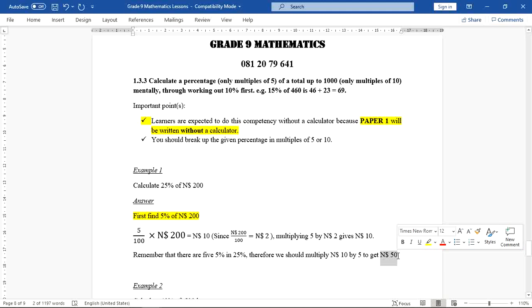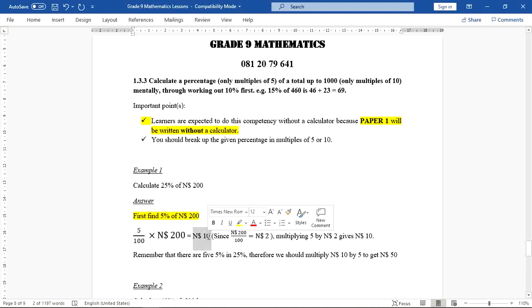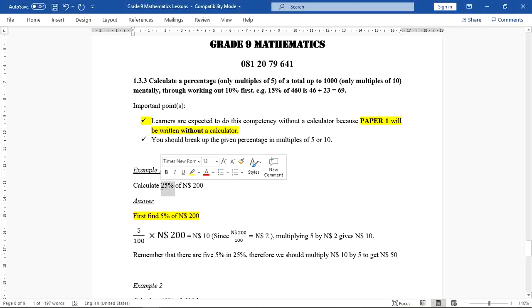So I'll repeat that again. You first find 5% of $200, and 5% is just $10. But remember that 25 is made up of how many fives? It is made up of 5 fives, because 5 times 5 is 25.